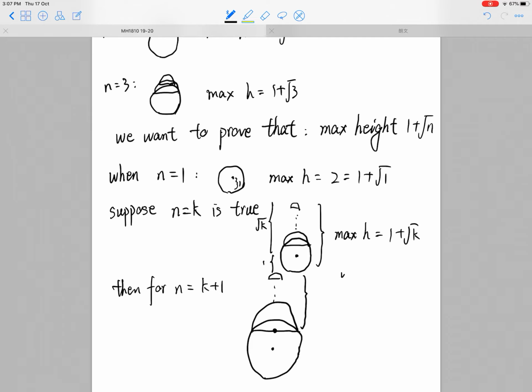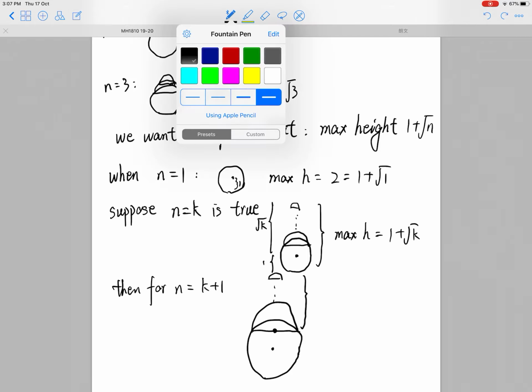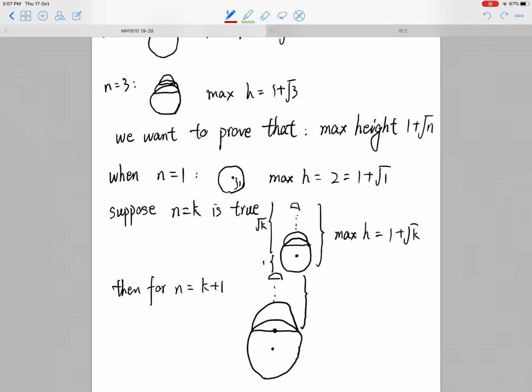And here, when the bottom radius is 1, the maximum height is 1 plus square root of k, right? When this part is 1, this part is square root of k.